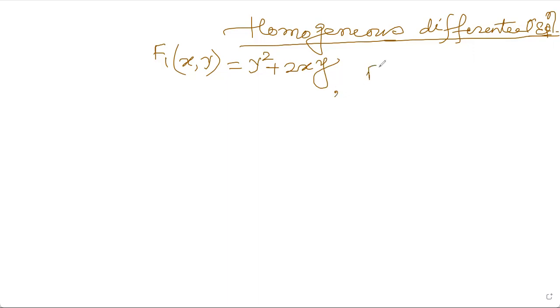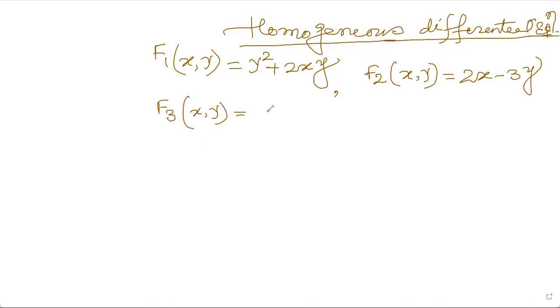Let us take another example, f2 of x, y. Every time I'm using two variables, and in these two variables I am finding that the variables are mixed up in such a way that it is difficult to separate them. Again, I'm taking the second example. These are examples I am taking from the NCERT course book.